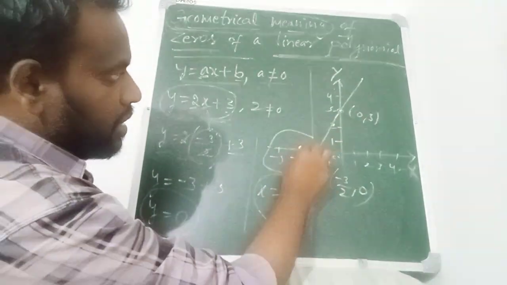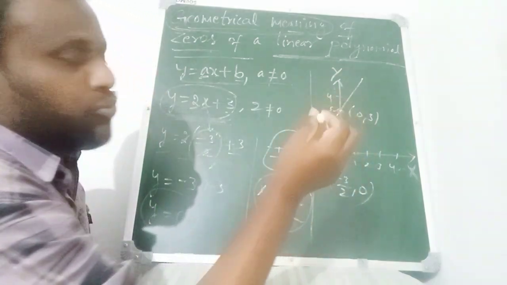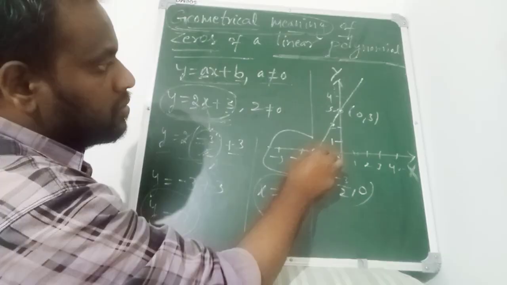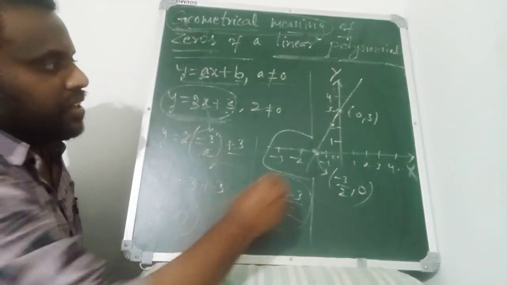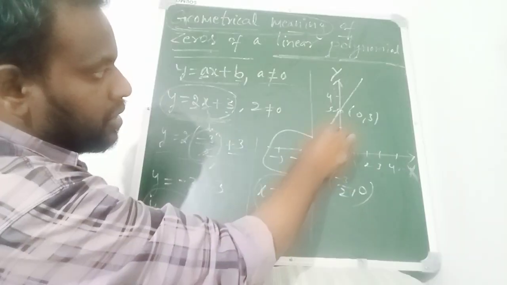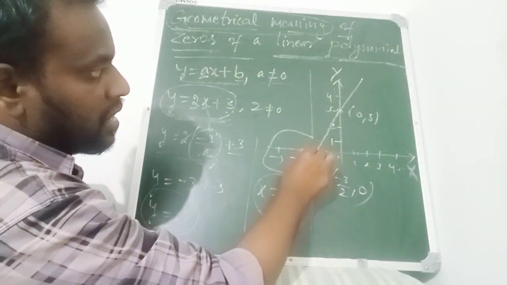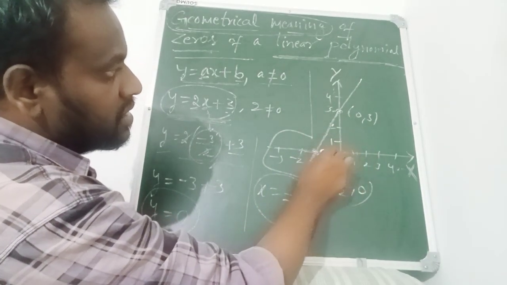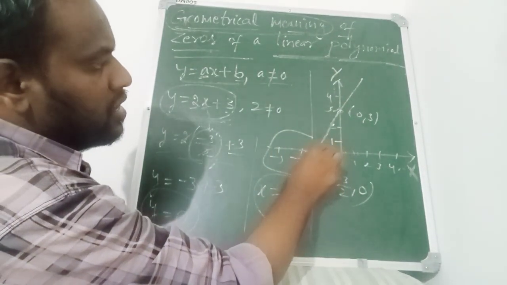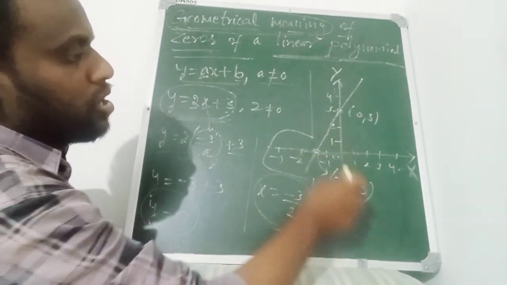So this line is intersecting this x-axis at this point here. At this point this line is crossing this x-axis, intersecting this point. Okay, so this point is there. This is called 0.